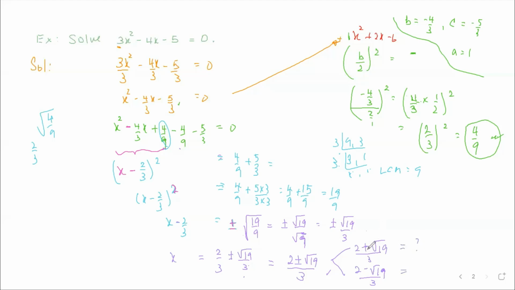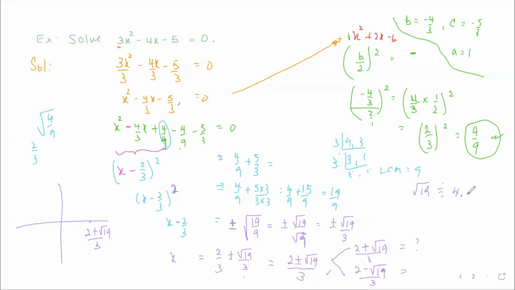But when you plot the graph, you can convert this to decimals, right? And then you can see what the graph is going to be. This one, 2 plus square root 19 over 3, should be somewhere here. And what is this? 19 is between 16 and 25, 4 squared is 16, 5 squared is 25, so square root 19 should be approximately 4 point something.